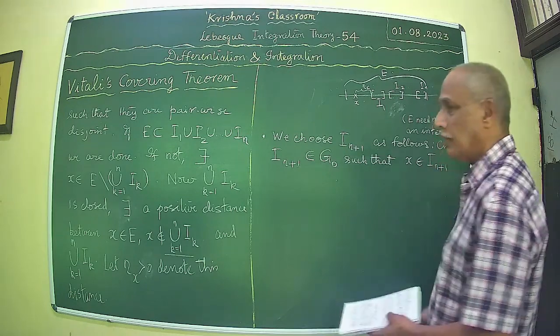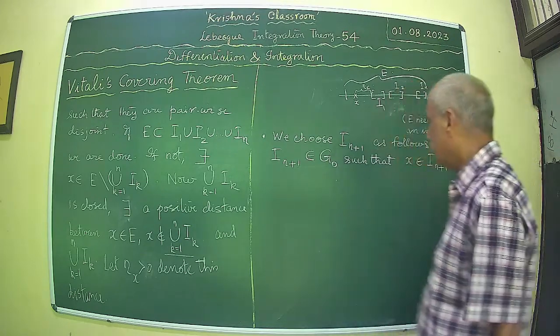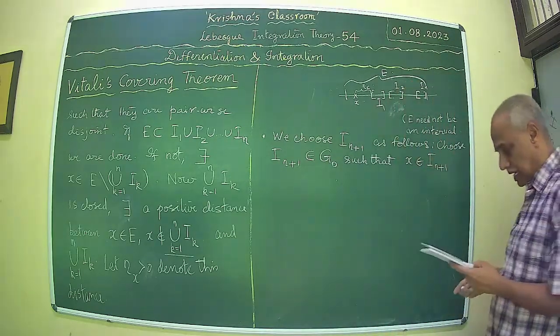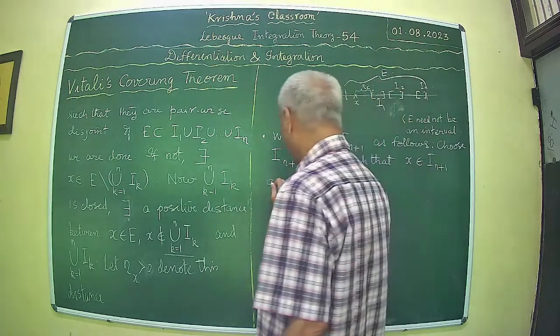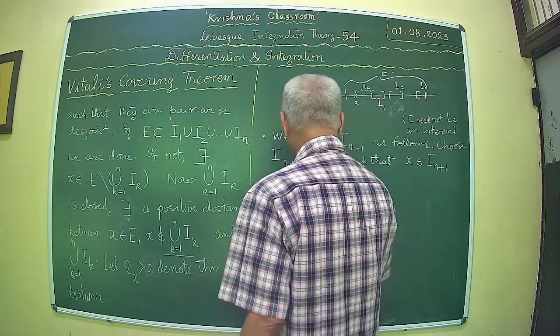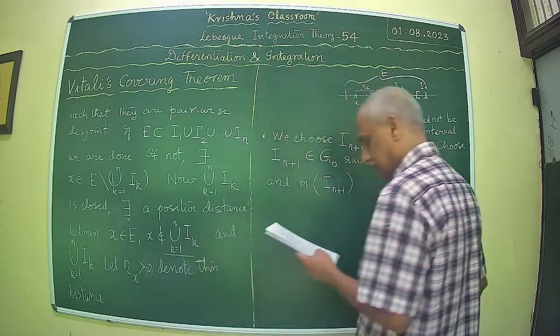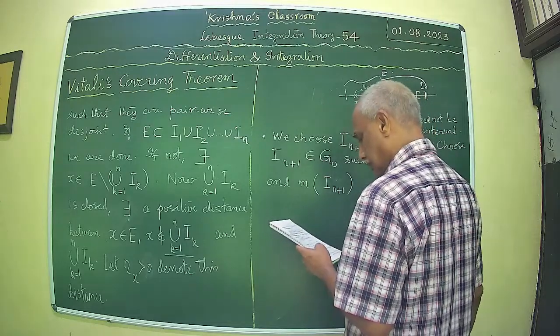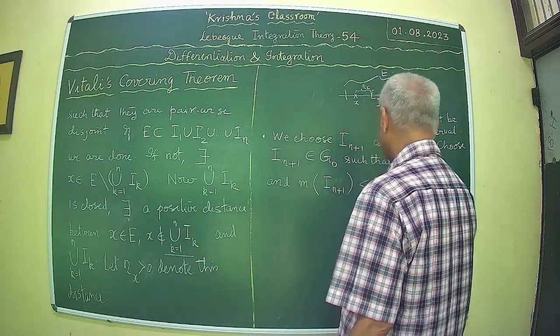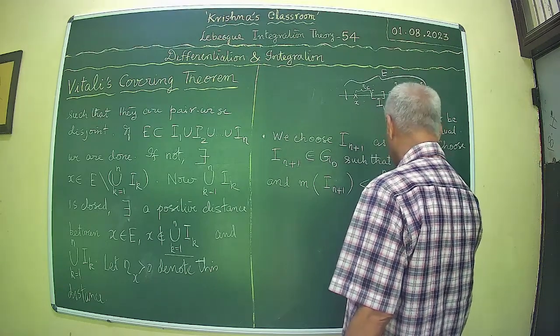So IN plus 1 takes care of this particular point x belonging to E, and the measure of IN plus 1 is less than eta x by 2.